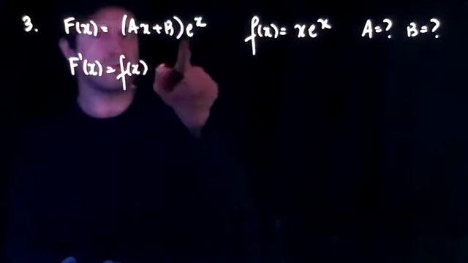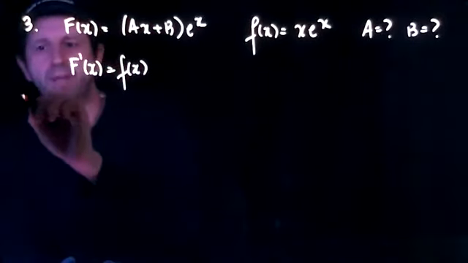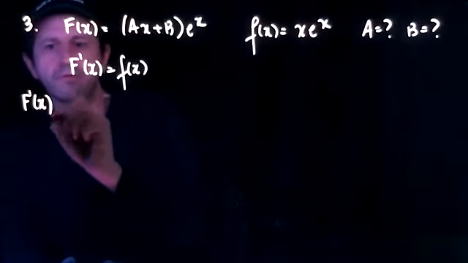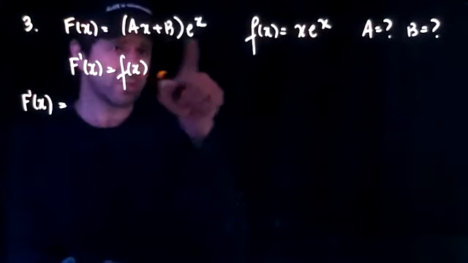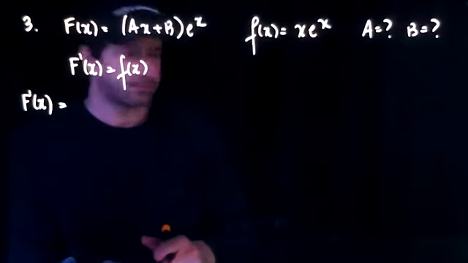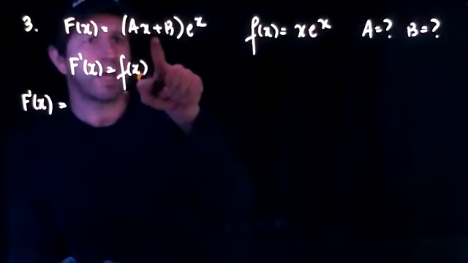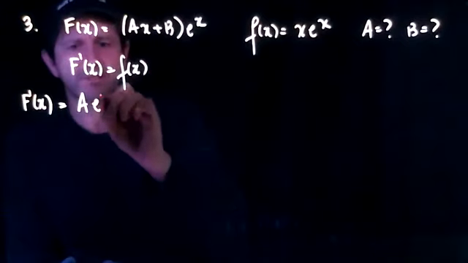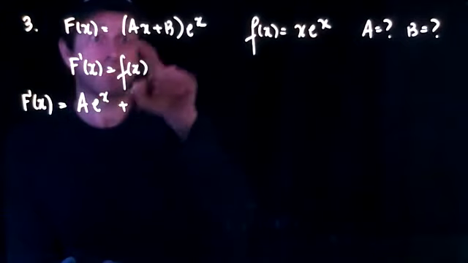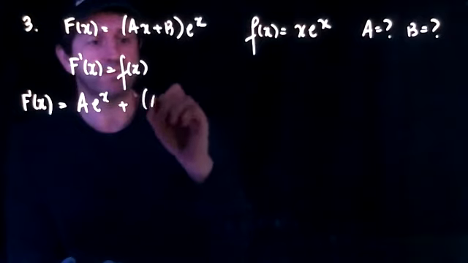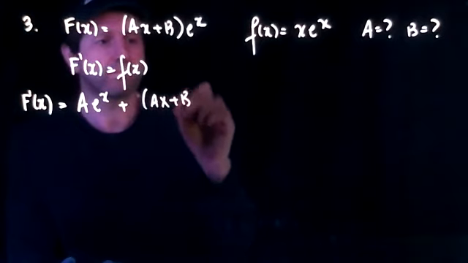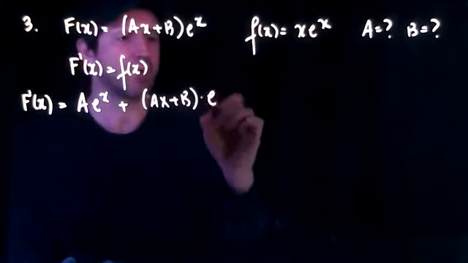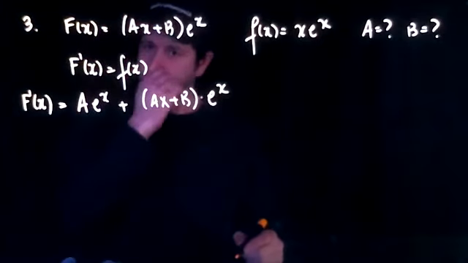So let's do the derivative of big F. This is a product rule. So (ax plus b) prime is just a, times e to the x, plus the (ax plus b) times the derivative of e to the x, which is just e to the x.